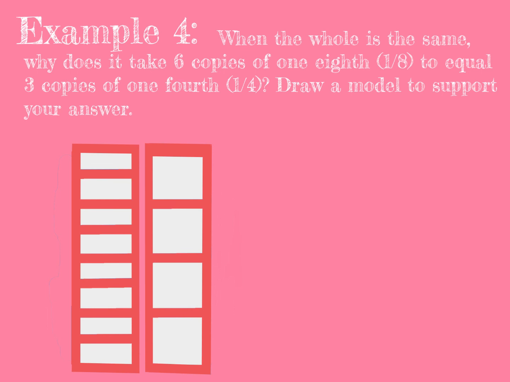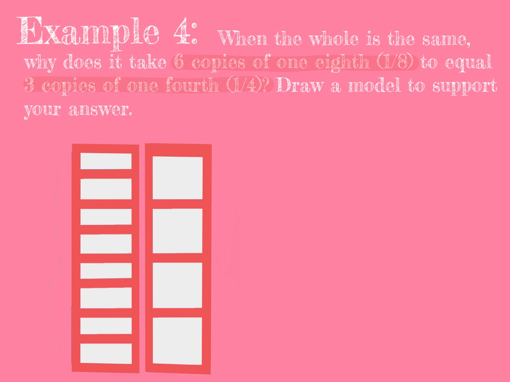Our last example is example 4. When the whole is the same, why does it take 6 copies of 1/8 to equal 3 copies of 1/4? Draw a model to support your answer.